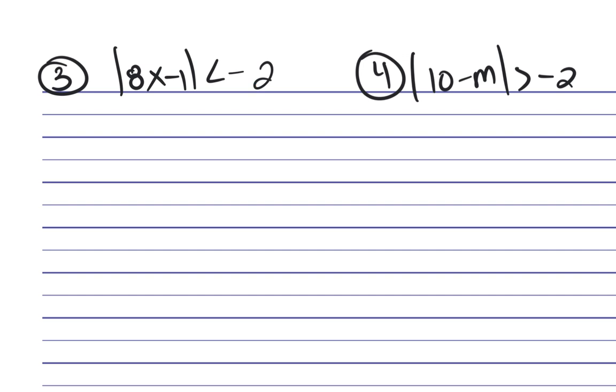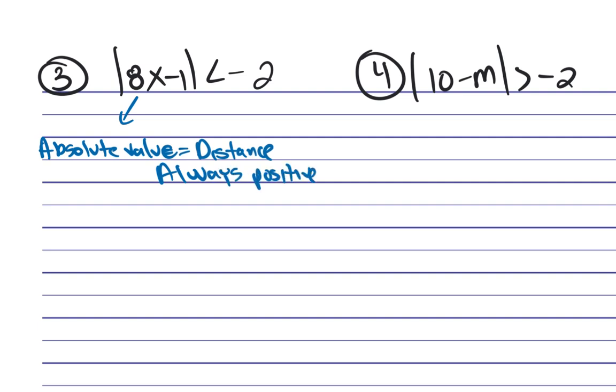Here I have my absolute value. Absolute value is distance. It's the definition of distance from 0. And distance always has to be positive. So distance is always positive. So because of that, here I have a positive thing.